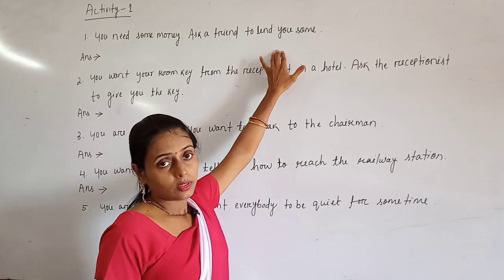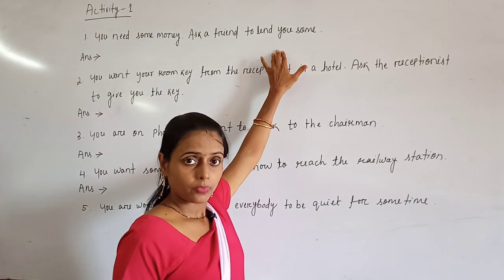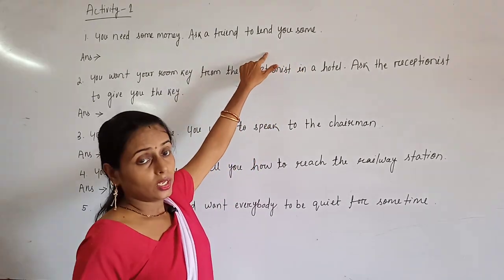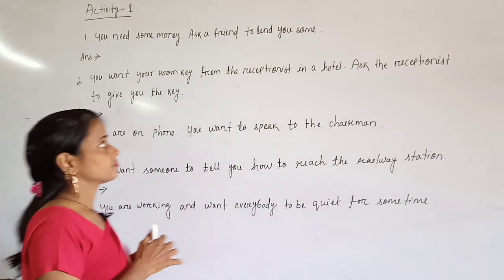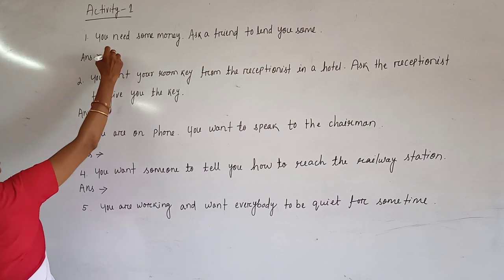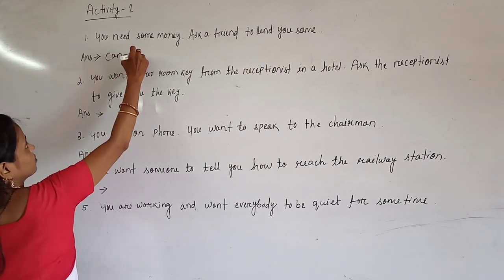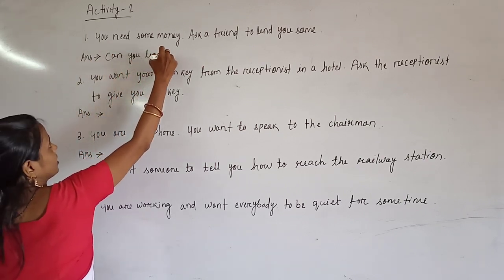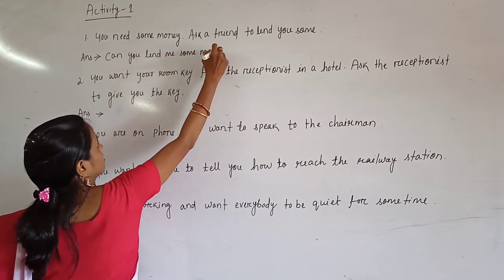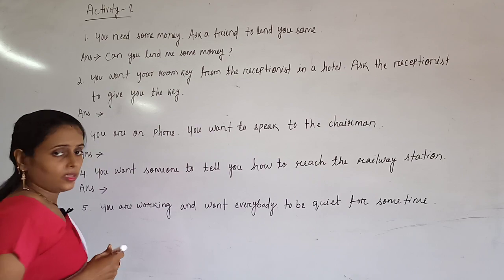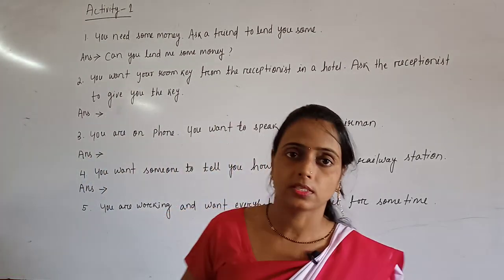So here this one can be informal. Okay. So in informal request, which model is applicable? Can. Answer can be, can you lend me some money? Okay. Over. This is the answer.